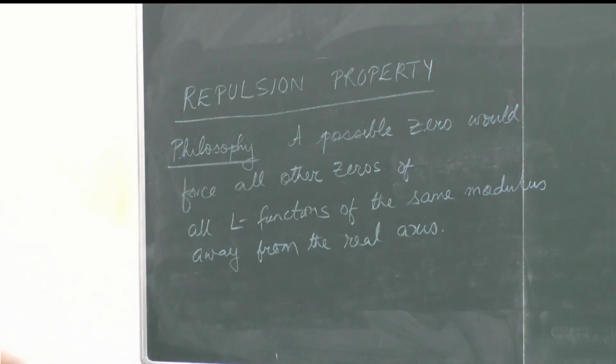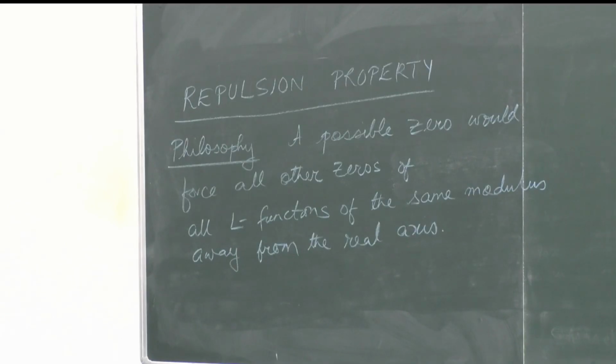So all other zeros may be real, may not be real. But if you have an exceptional zero, then you can be assured of a distance between the real axis and any zero that might exist. That's more profound than it sounds, because you remember that we did results like Siegel's theorem.